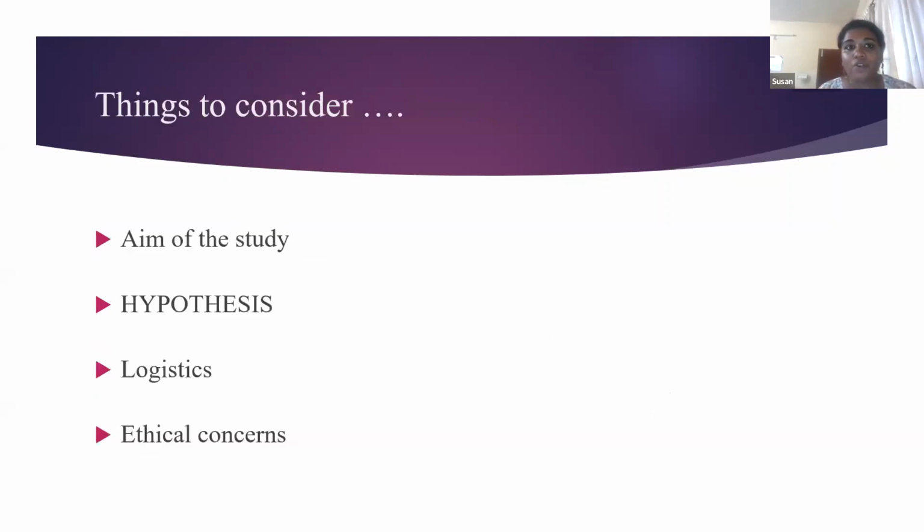Whenever we go for a research design, the first thing to consider is the aim of our study. What is our research question? It boils down to that. What do I really want to look at? Then think about it. If I want to just describe something, is it observational, or am I doing some kind of intervention? Do the division there.